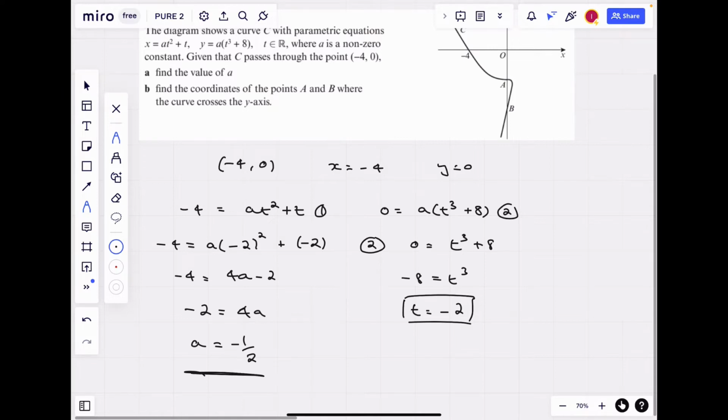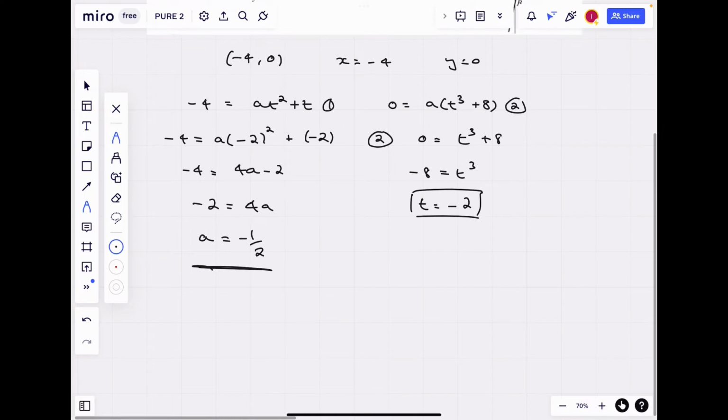Find the coordinates of the points A and B where the curve crosses the y-axis. If it crosses the y-axis, what is the value of x? 0.